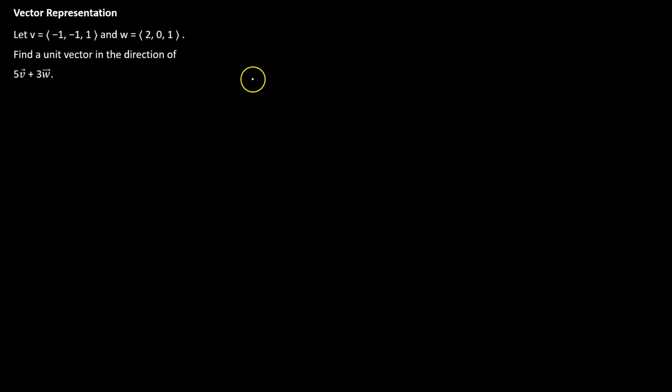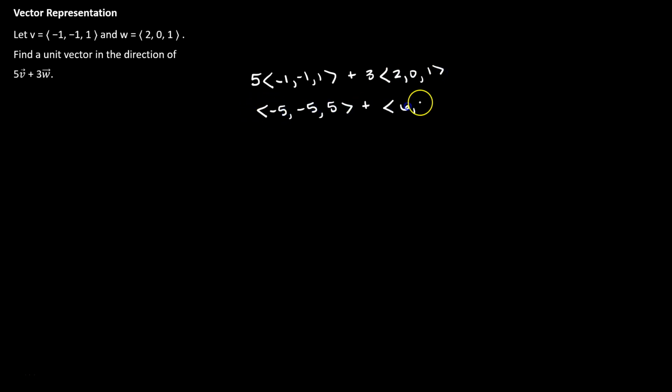So starting with 5 times v plus 3 times w, multiply those out, add the corresponding components, and simplify. That is the vector 5v plus 3w.